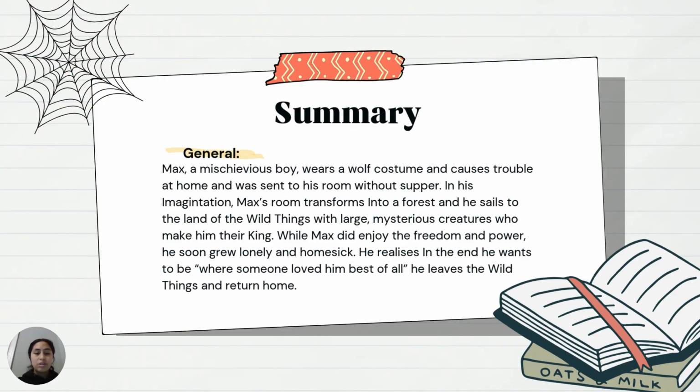From there, he sails to the land of the wild things, where there are large, mysterious creatures who make him their king. While there, Max realizes that he has grown homesick and lonely and wishes to be somewhere where someone loves him best of all, which is at home. So he leaves the wild things and returns home.